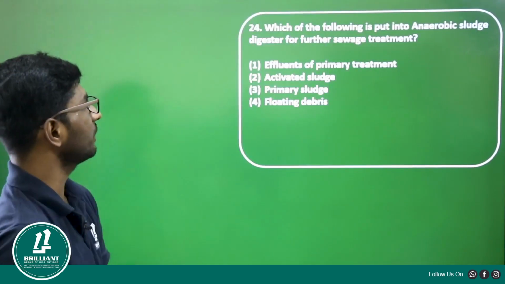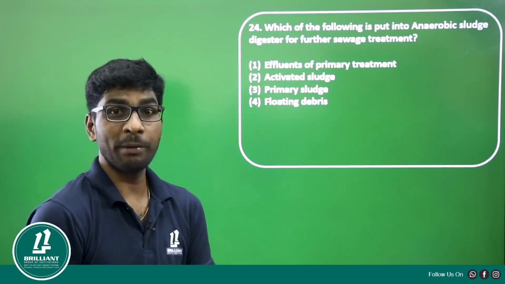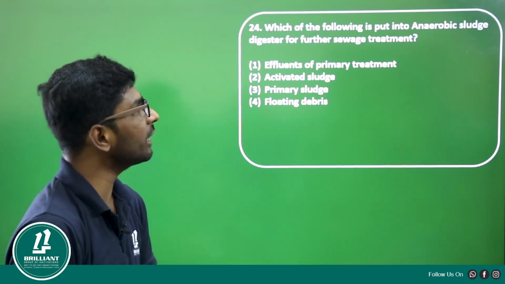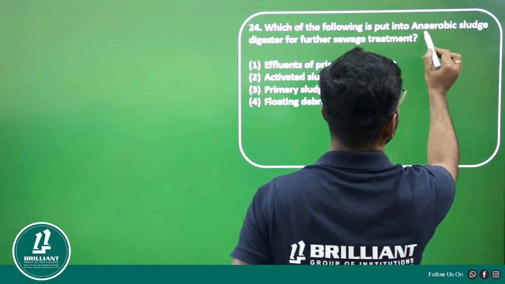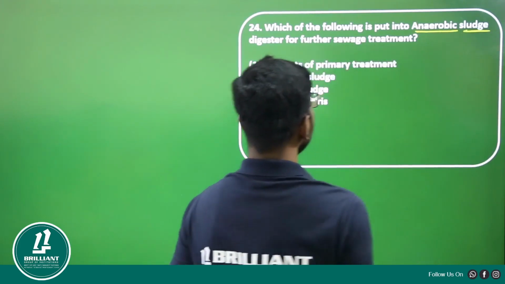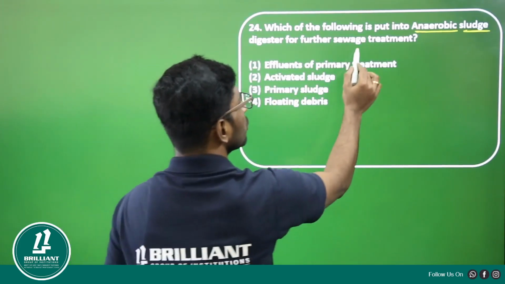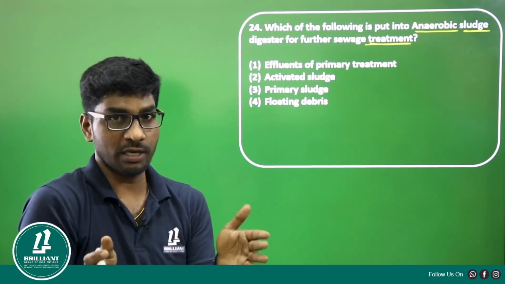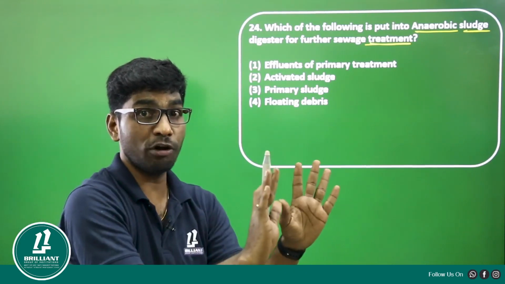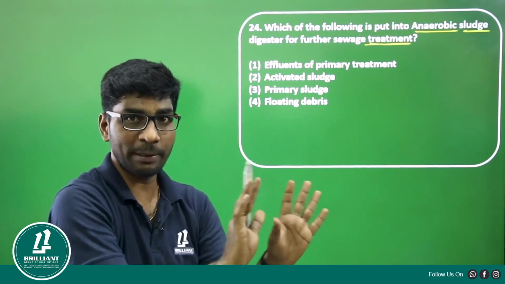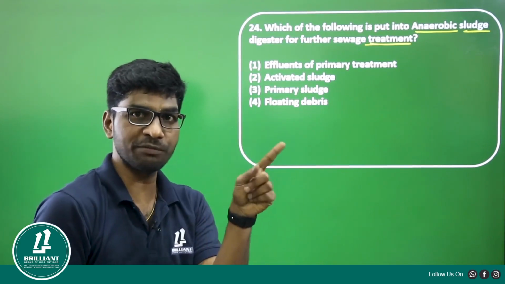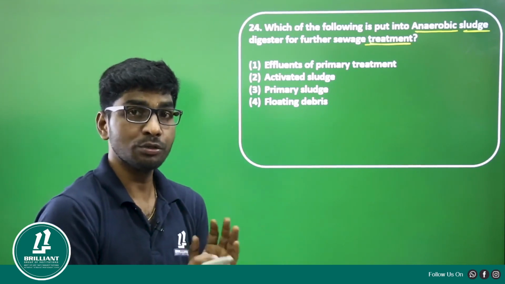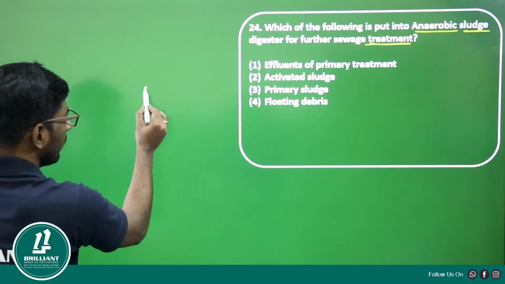Look at the 24th question, from Microbes in Human Welfare. Which of the following is put into the anaerobic sludge digester during sewage treatment? There is primary treatment and secondary treatment. In primary treatment, there is physical removal of particles and also sedimentation. Two steps are there: filtration and sedimentation.